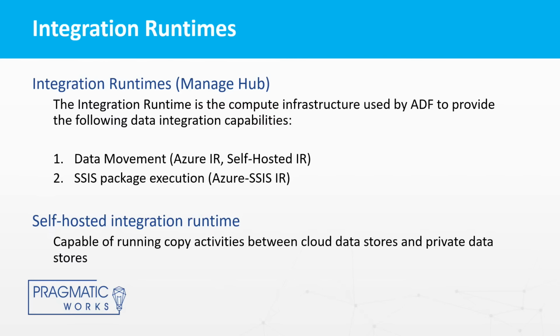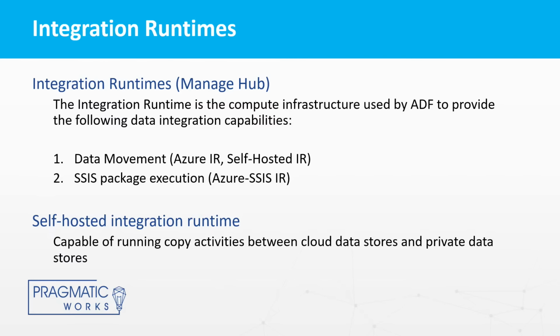But as soon as either your source or your destination starts moving towards leveraging on-premises sources or destinations, let's say I want to pull data from my on-premises SQL Server and move that into files inside of my data lake, the answer is yes, you can do this, but you need to create your linked service leveraging a self-hosted integration runtime.